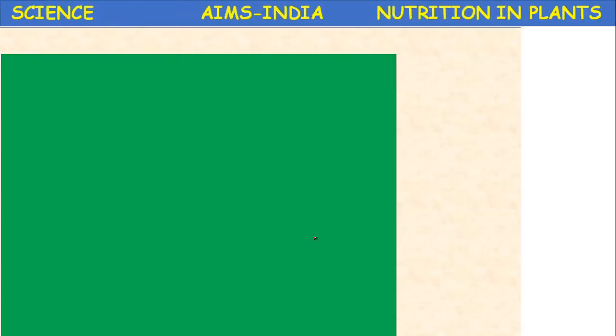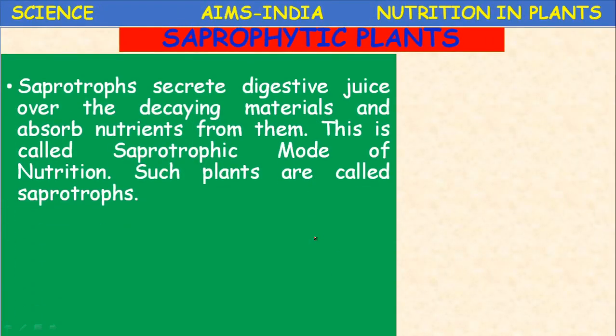Next, the saprotrophs secrete digestive juices over the decaying materials and absorb nutrients from them. This is called saprotrophic mode of nutrition.